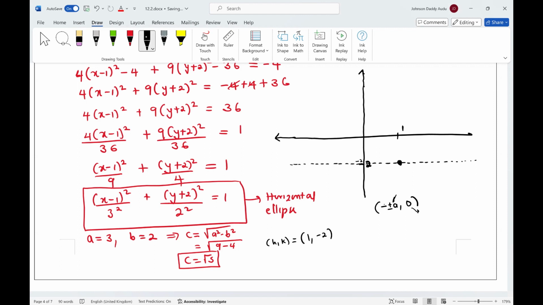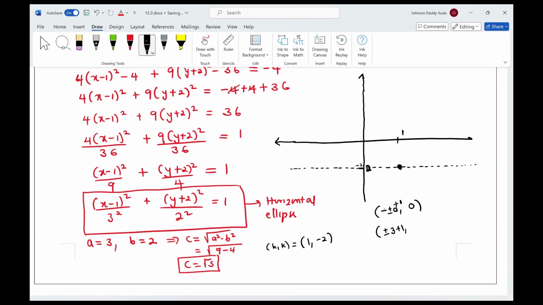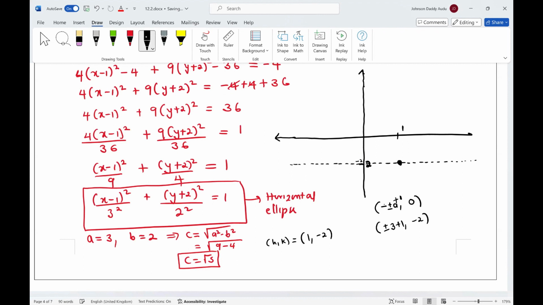So in other words, it used to be this one, right? But now if you add your h, which is your center, remember this is 1. So what is it going to be? It's just going to be plus minus a, which is 3. Because a is 3, you have plus minus 3 plus 1, and then your value of k, which is simply minus 2. So you go to the right.